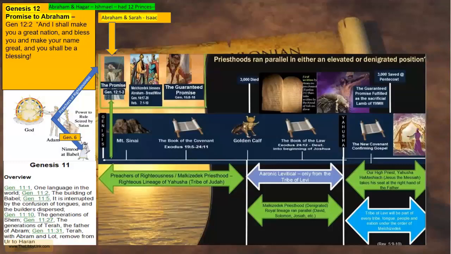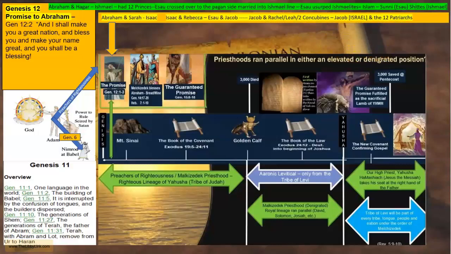So it's very important to know that the promise came through Abraham and Sarah, because Abraham did have a child by Hagar, and later on has children by Keturah. So Abraham and Sarah have Isaac, and he is the one that the covenant of promise comes through.